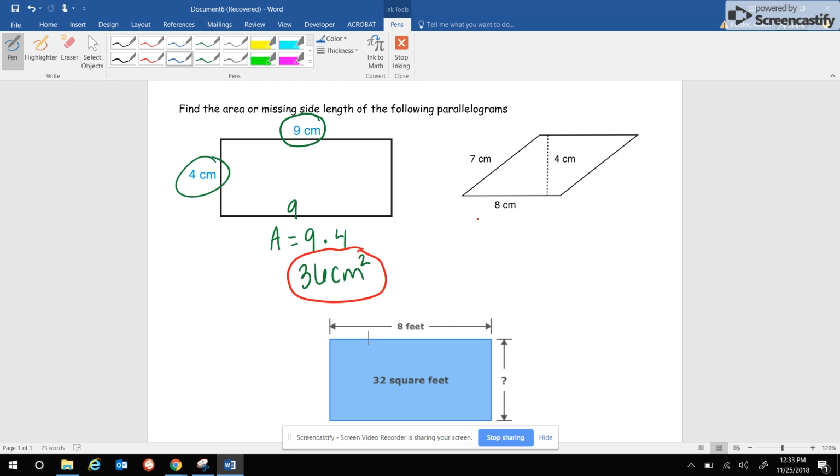All right, our next one right here looks a little different, but I'm still going to use my formula. A equals base times height. I can see right here that 8 is my base.